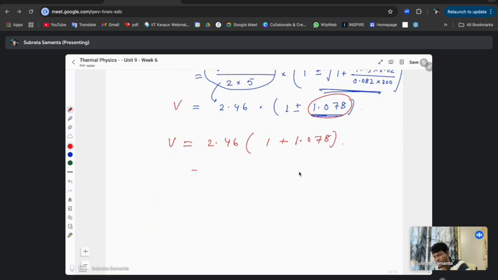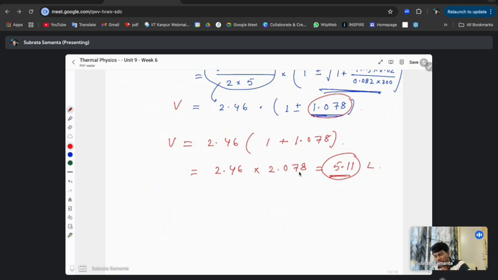So this is 2.46 times 2.078, which is 5.11 liters. So this is the volume.